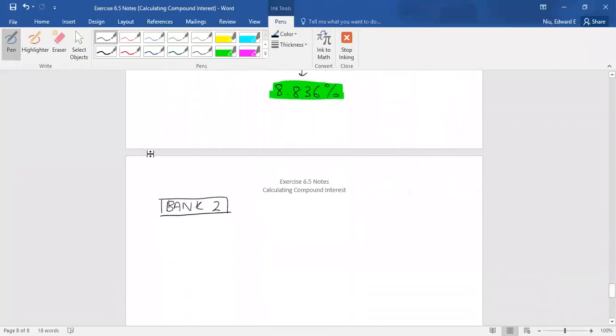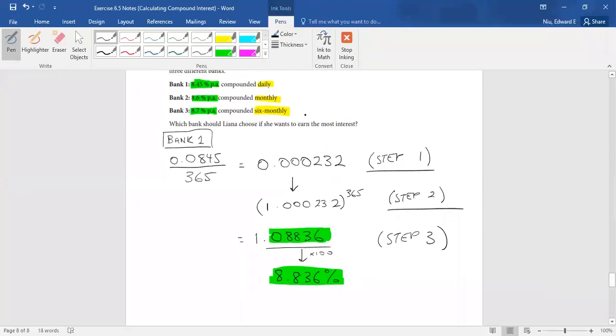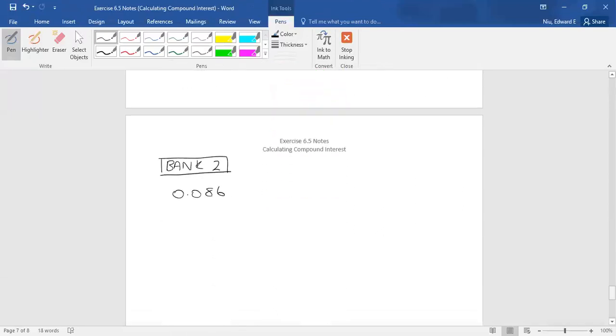We would convert 8.6% into a decimal, which is 0.086. Divide the percentage by 100 and you get the decimal. And because it's compounded monthly, there's 12 months, so we divide it by 12. Let's see what we get. So this is our per month interest rate.